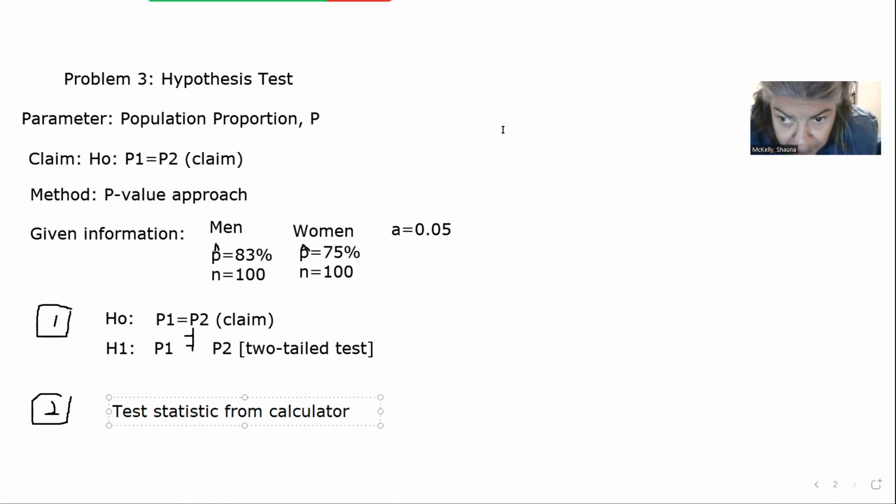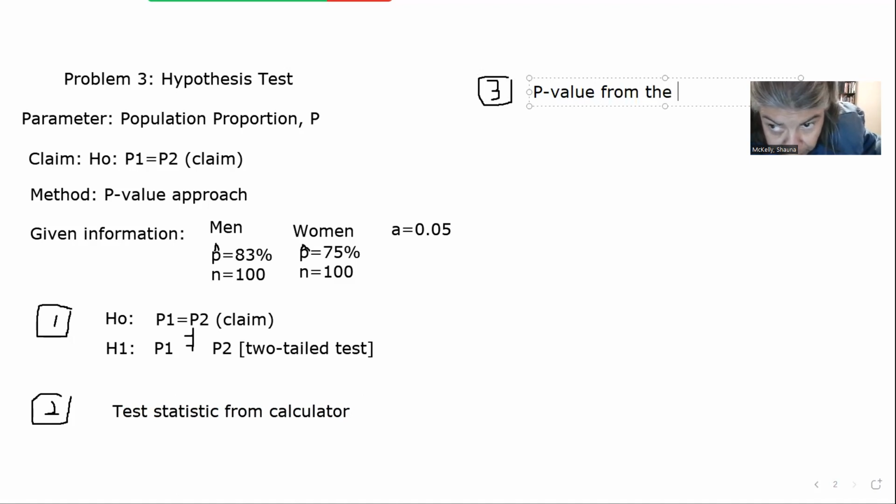Step 3 up here is going to be my p-value, also from the calculator. Okay, so step 3, we're doing the p-value from the calculator.